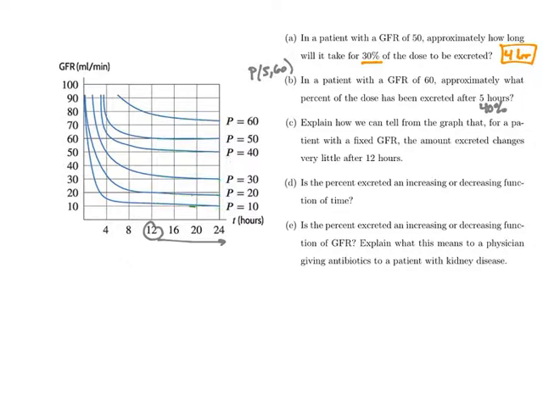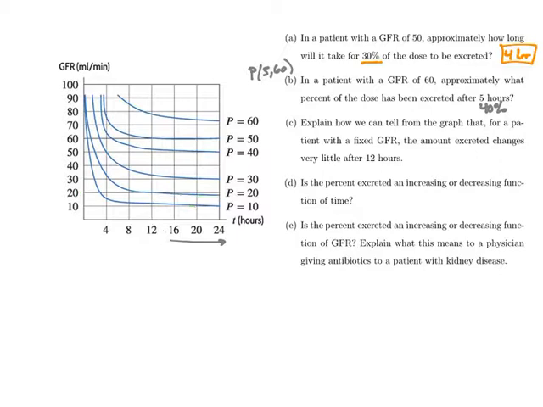Let's look at just one example of that. Let's say you had a GFR of 20, and after 12 hours, the percent that you're going to have is basically unchanged. Everything that's already happened with that drug has already happened. Nothing else is really going to change after 12 hours. And that should make a little bit of sense, right? After a certain amount of time, the effect of something is going to wear off, or it's not going to be nearly as much as we go forward.